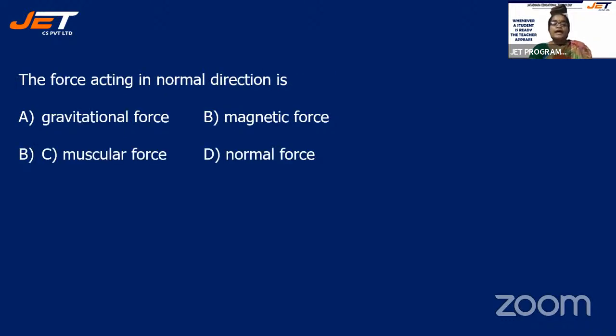Next one. The force acting in normal direction is gravitational force, magnetic force, muscular force, normal force. Let us see. It is option D, that is normal force. Next one.